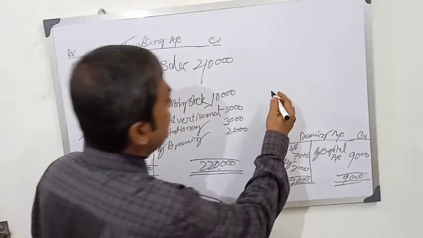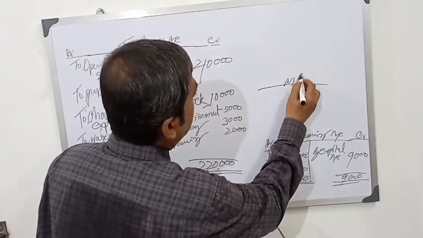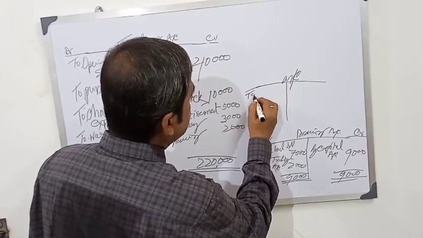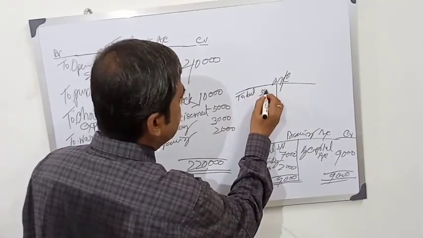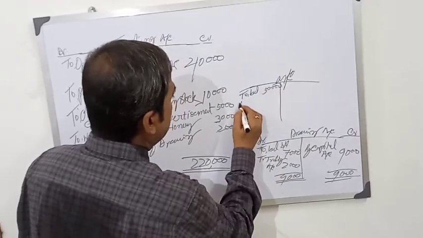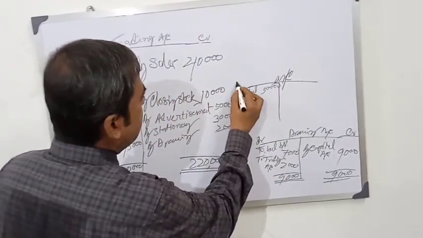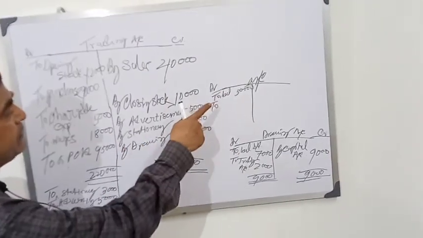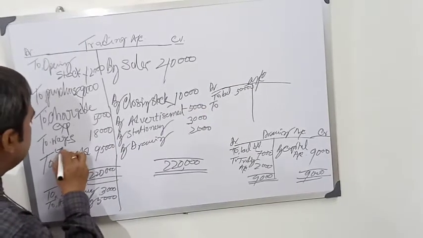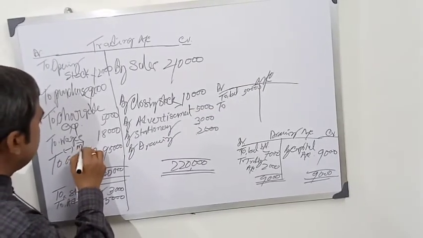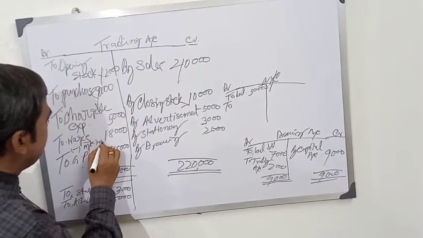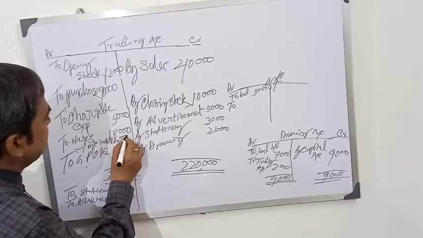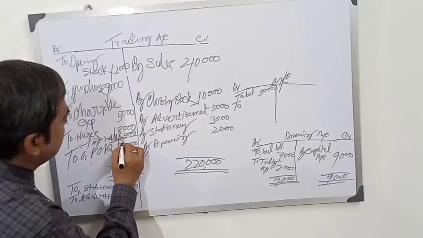So if you have a machinery account with a balance as per the trial balance of 50,000, and you paid wages altogether 18,000, but 5,000 of it is for machinery installation wages, so less 5,000, that becomes 13,000.